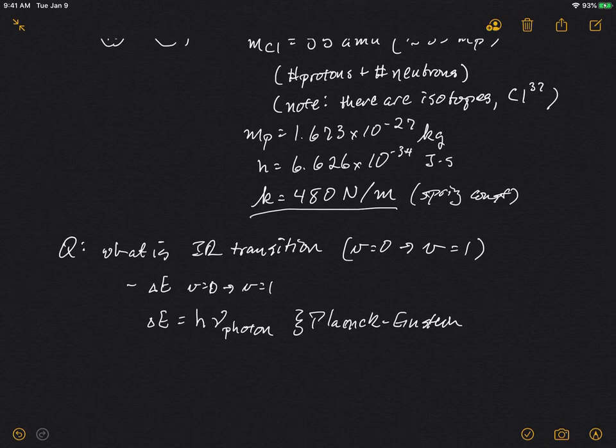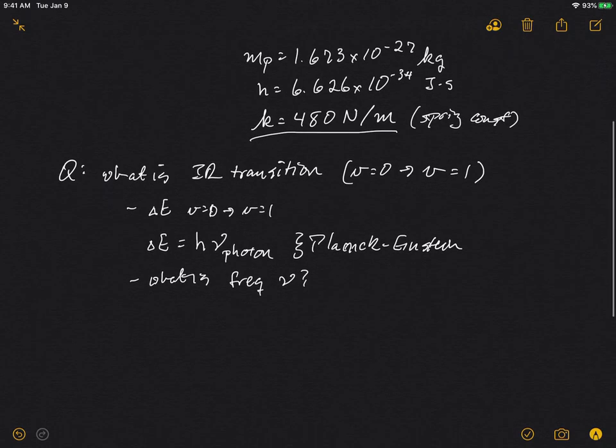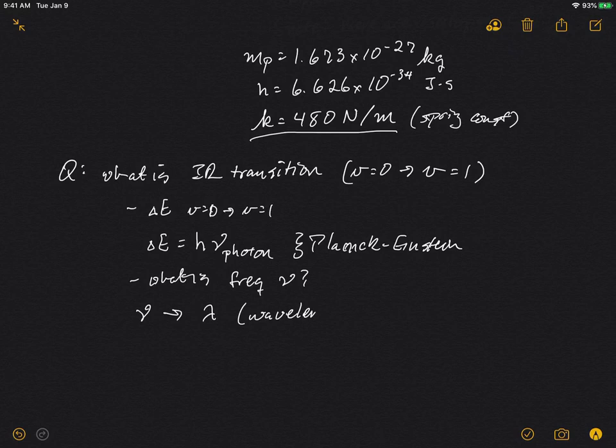And once we know what the frequency of that photon is, we want to calculate the frequency, and then we want to convert from frequency to wavelength, maybe in microns or nanometers. Infrared, it's usually in the micron range.